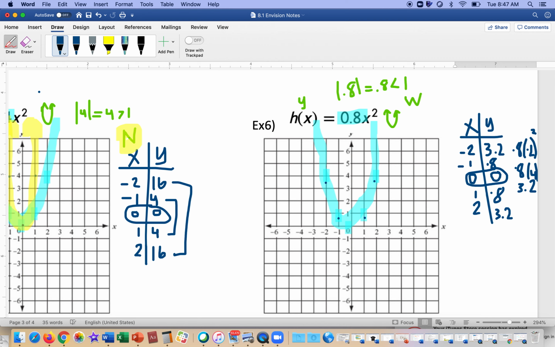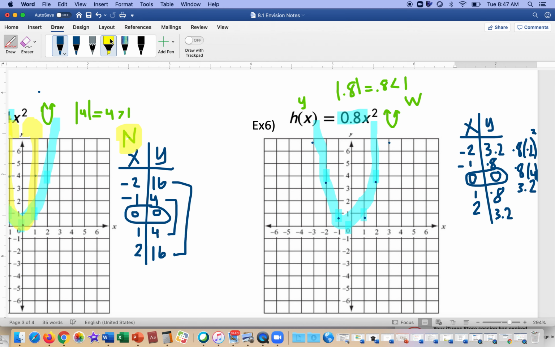At 2, we'll have 3.2. At -3, we would have 7.2. Oops. There. And at 3, we would have 7.2.